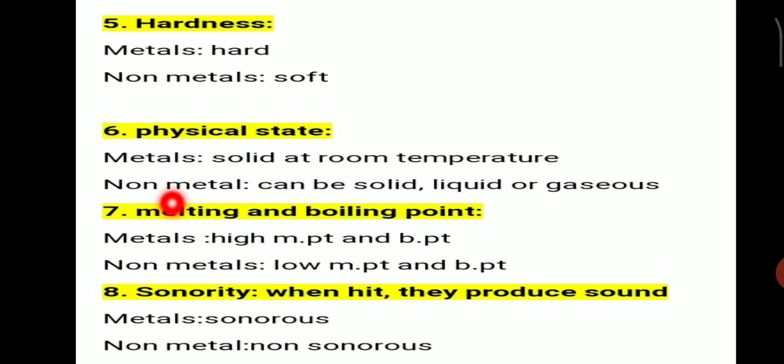Then the seventh property is melting point and boiling point. We know that metals have high melting point and boiling point. There are also exceptions. Sodium and potassium have low boiling and melting points, whereas iron has a high melting point, about 1535 degrees Celsius.